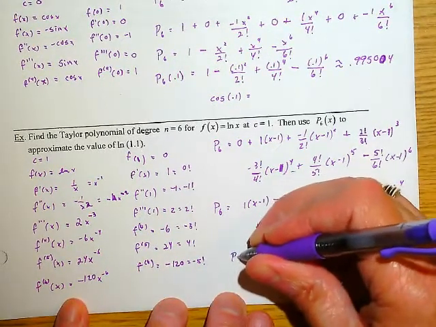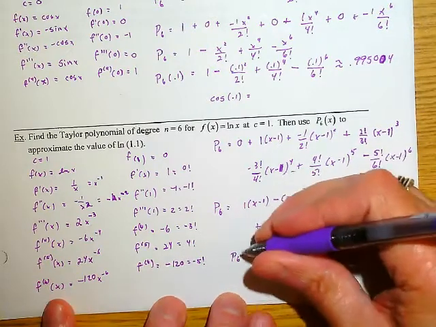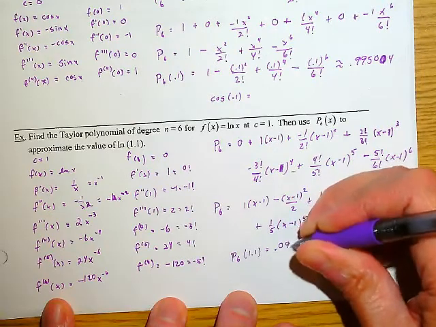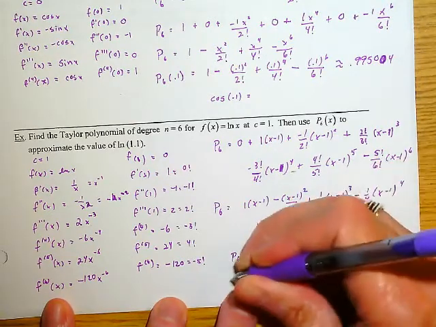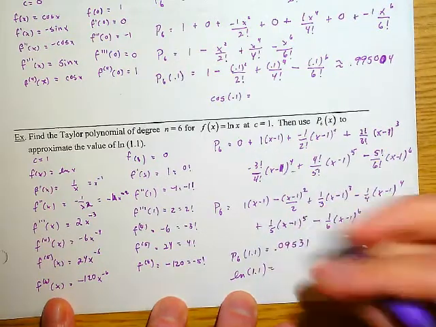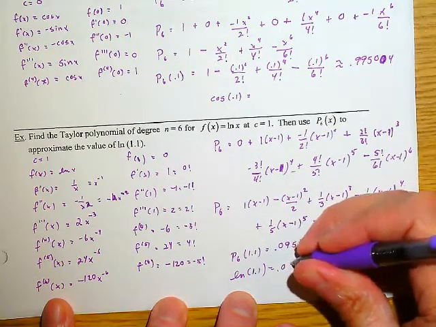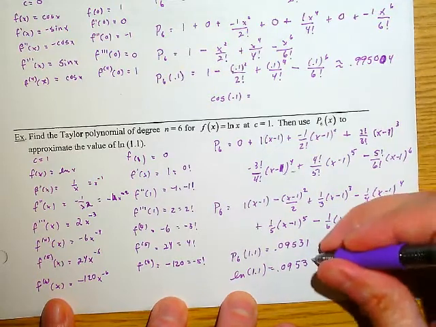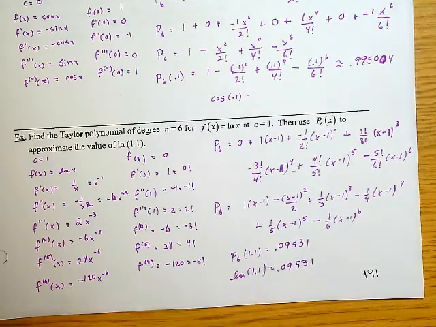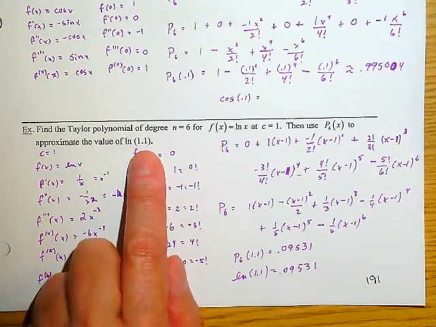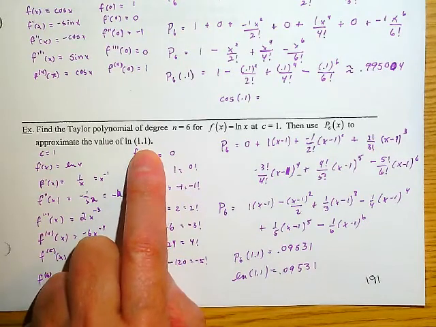Well, using that, you'd get 1.1 would be 0.09531, and using my calculator of 1.1 with the same number of decimal places, we'd get 0.09531. So a 6-degree polynomial for this function centered at 1 would be a good estimate to help us calculate the approximation at 1.1.